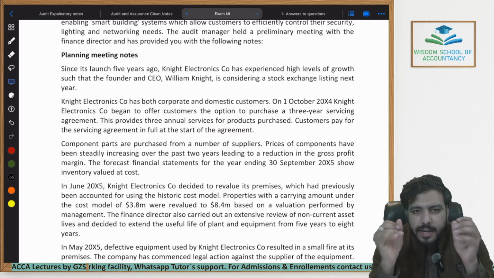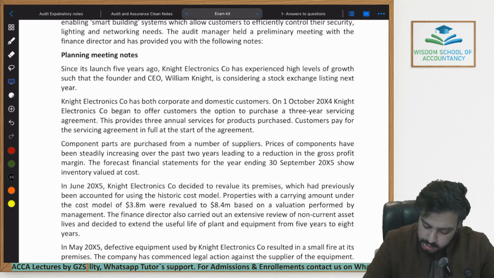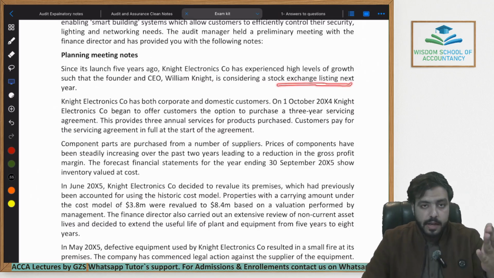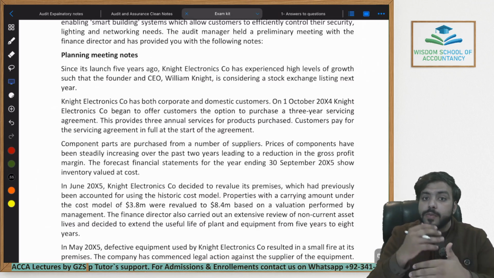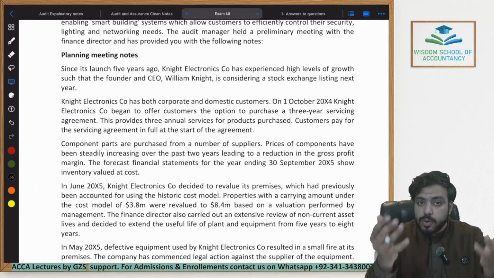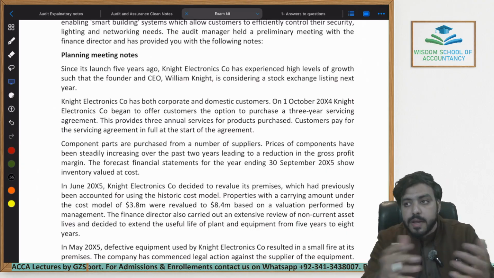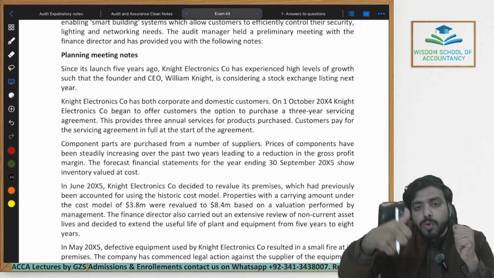They will automatically be motivated, since they haven't been listed yet but will become listed, to sell their shares at a higher price. They would want to ensure that they get the most money from the investors of the stock exchange. And how could they achieve it?